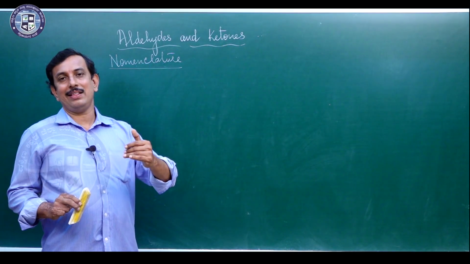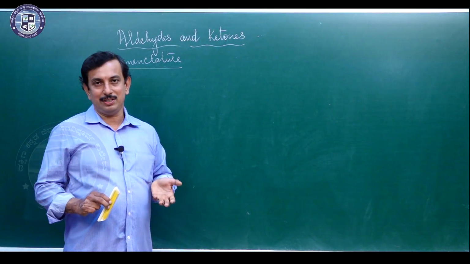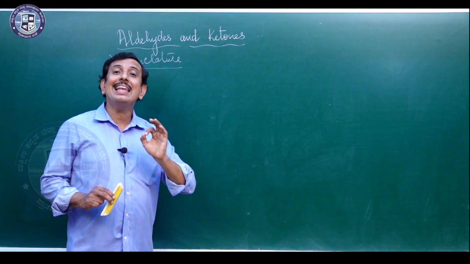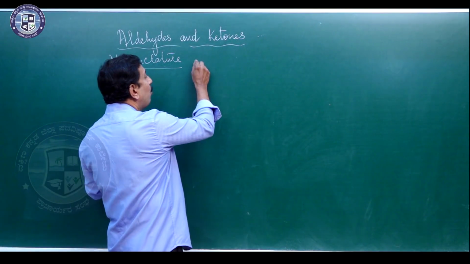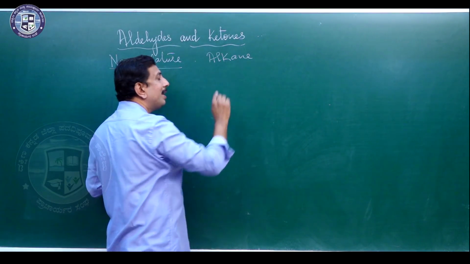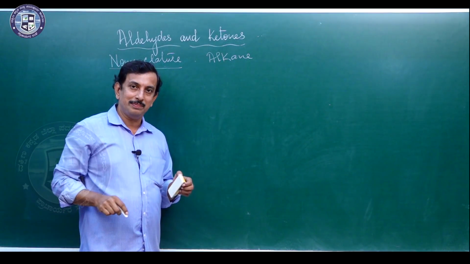When you want to name these saturated aliphatic aldehydes in the IUPAC system, we take it as a derivative of the corresponding alkane. How do we select the alkane? The alkane is selected based on the number of carbon atoms present in the molecule.